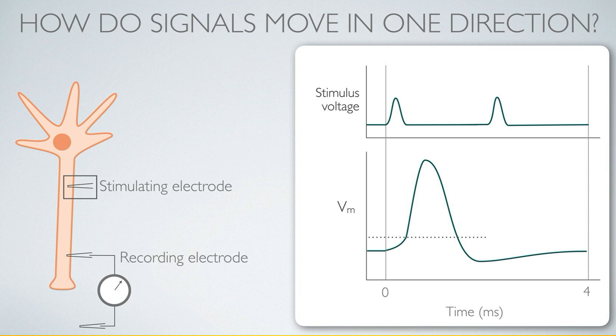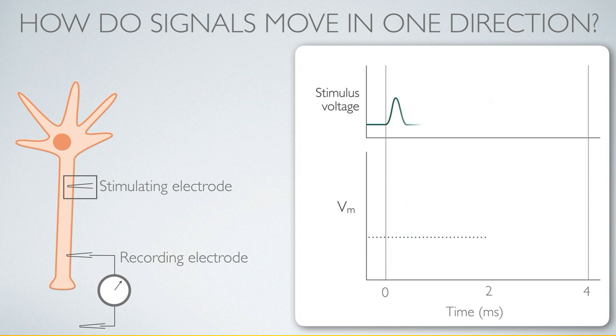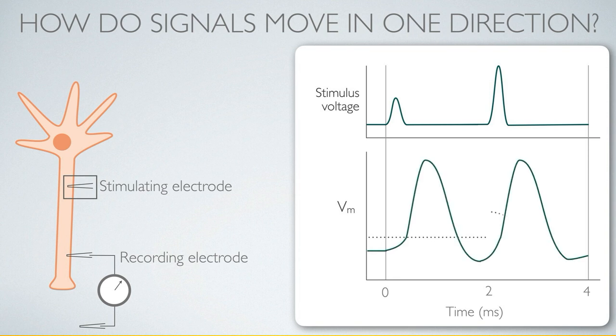What if instead of a barely sufficient depolarization in that second stimulus, what if we crank it up and stimulate the membrane with a much more substantial depolarization? If we perform that experiment, then we get the result that looks like this. Boom, we get a second action potential.